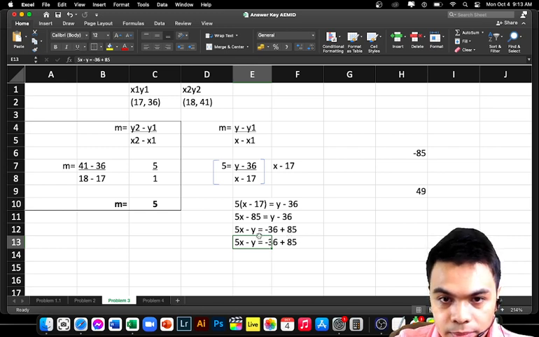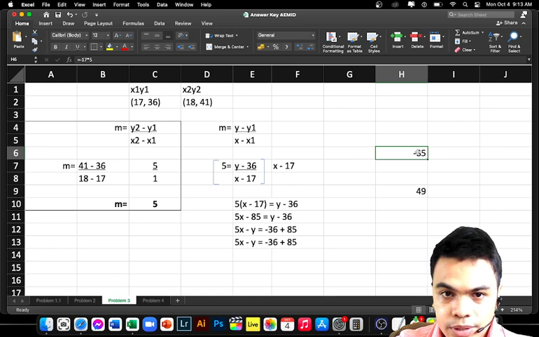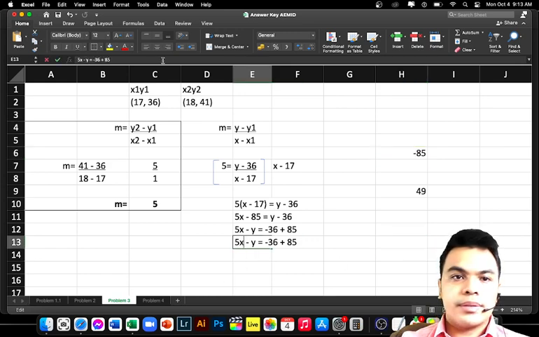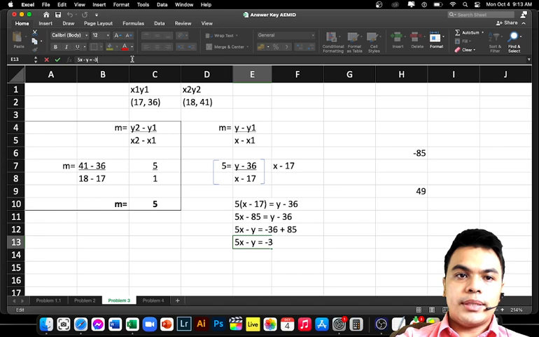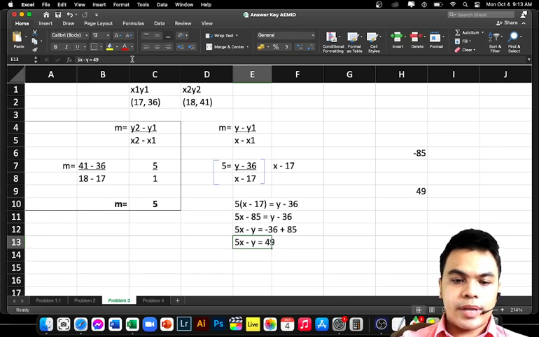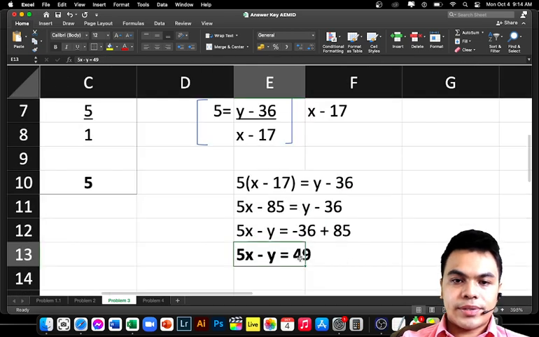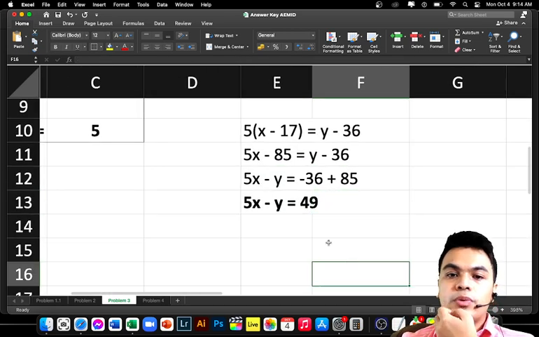Are our values correct? Let's double check. Yes. So here is our equation: 5x minus y is equal to 49.